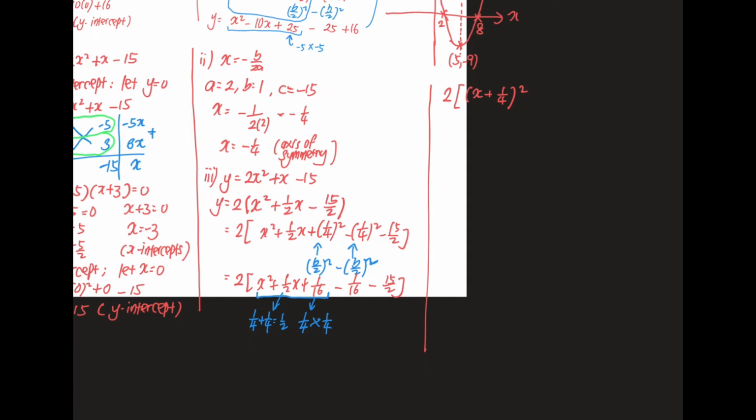Let's say I do it manually here: negative 1 over 16 minus 15 over 2, which is 15 times 8, 120, so I get negative 121 over 16.